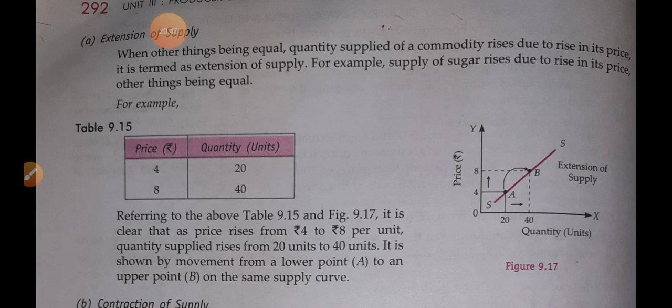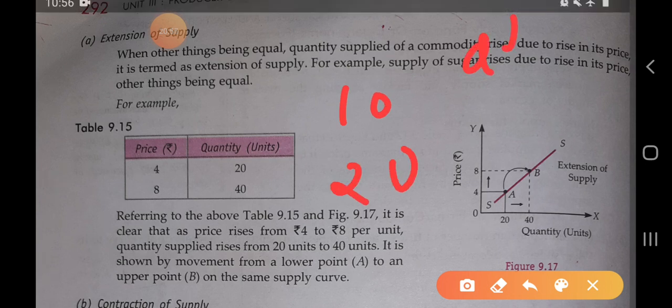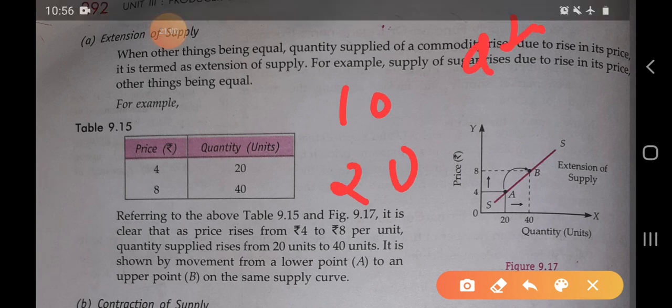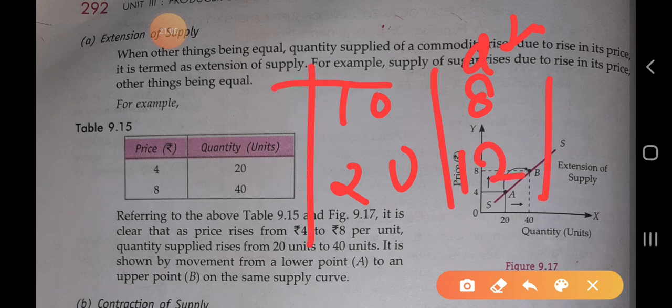Because of the rise in price, the quantity supplied is also increasing. If the price becomes 10 to 20, quantity supplied also increases from 8 to 12. Okay, because of the change in the price, because of the rise in the price, the quantity supplied also increases, and we have taken other factors remaining constant.